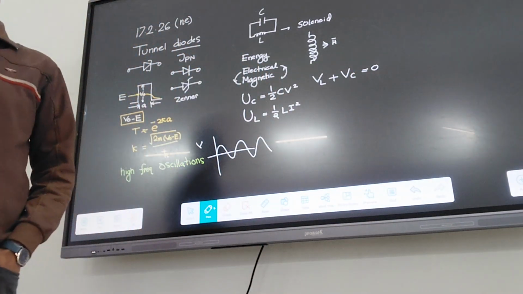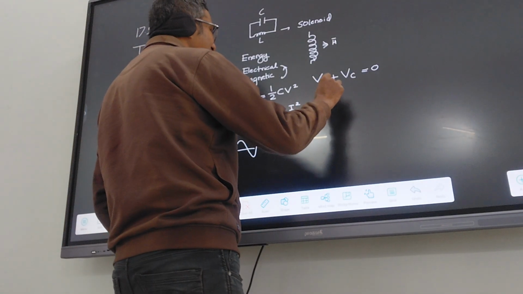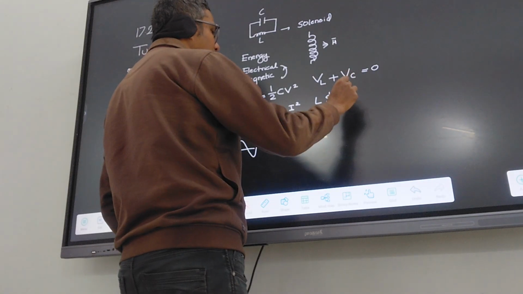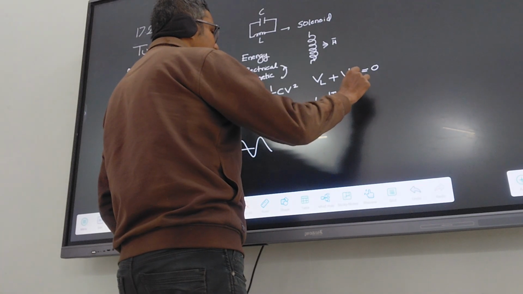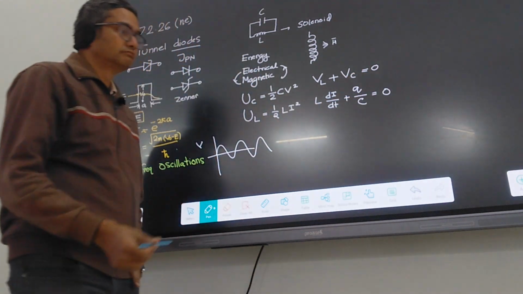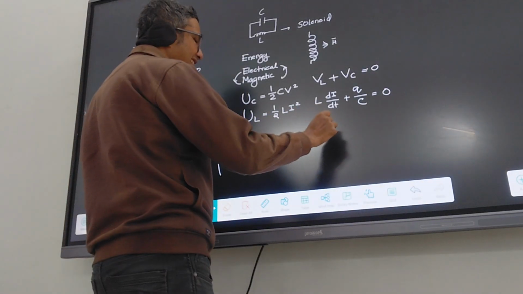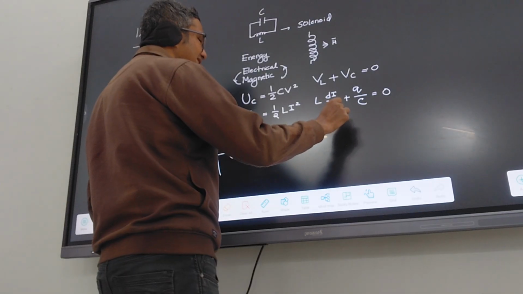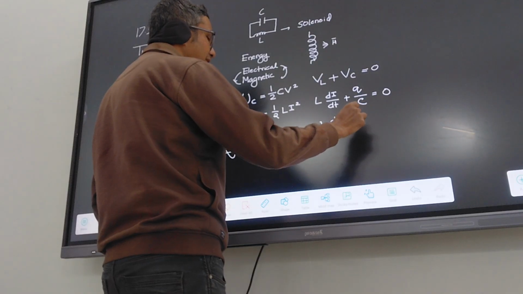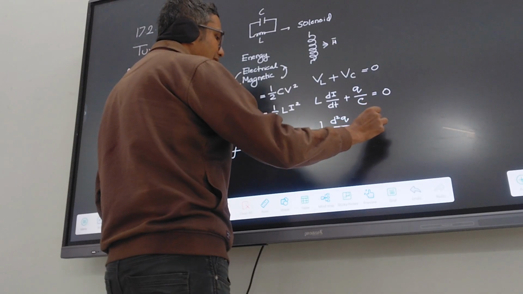Write this as L di by dt plus Q by C is equal to 0. What is I? dq by dt. So this I can write as L d square Q by dt square plus Q by C is equal to 0.